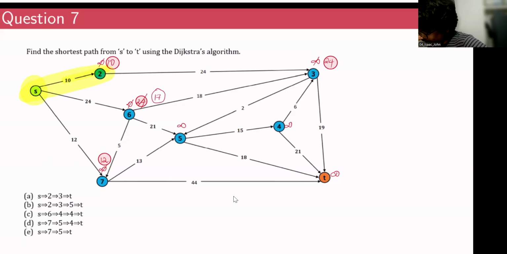right? Then we'll expand node 7 along node 5. That is 12 plus 13. That is 25, which is less than infinity. So that becomes 25. Then we'll explore node 7 along node T. That is 44 plus 12, so that becomes 56. So I'll replace this infinity with 56.